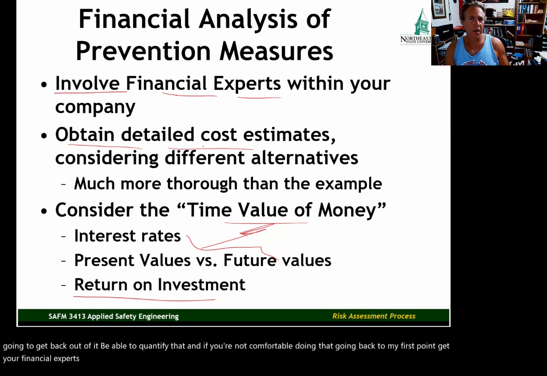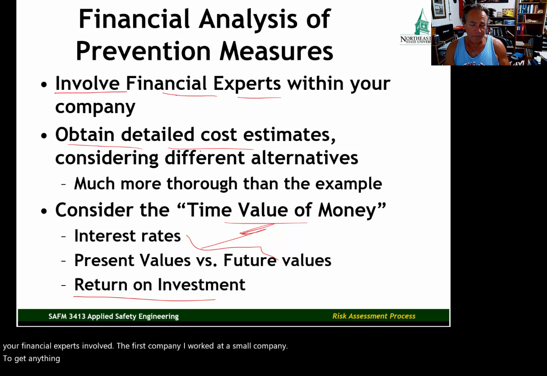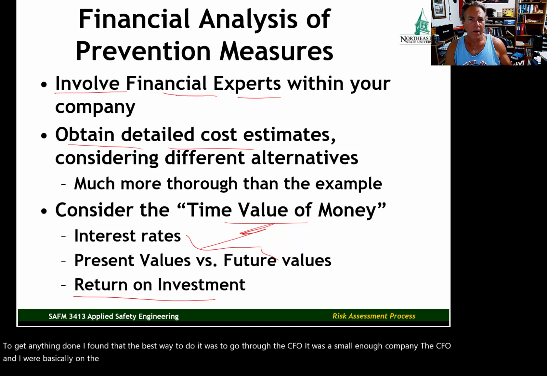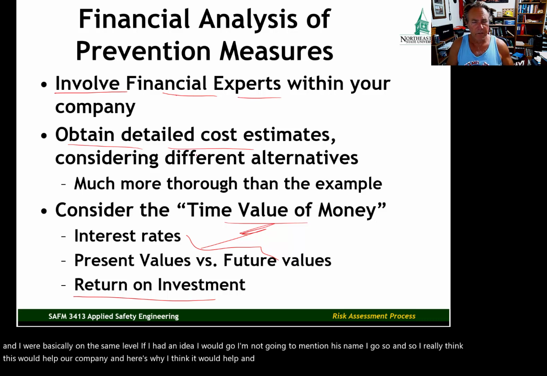The first company I worked at, a small company, to get anything done, I found that the best way to do it was to go through the CFO. It was a small enough company. The CFO and I were basically on the same level. If I had an idea, I would go to him and say, I really think this would help our company, and here's why I think it would help, and here's the savings we would have.